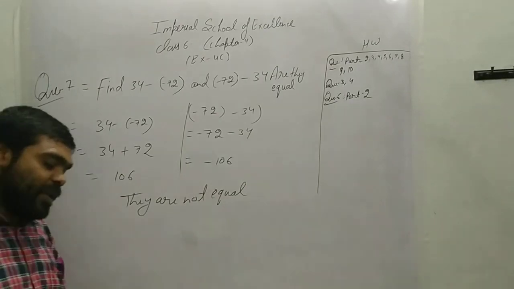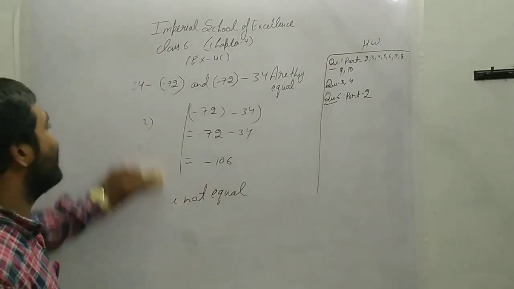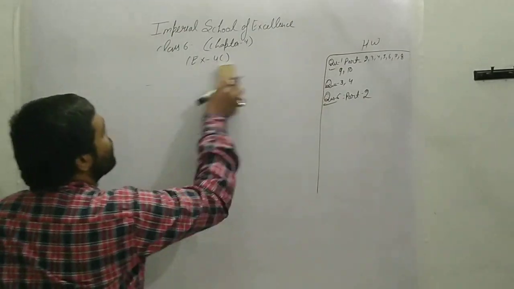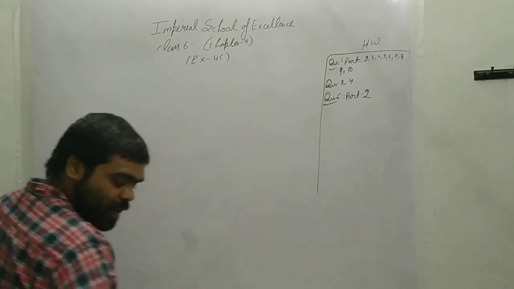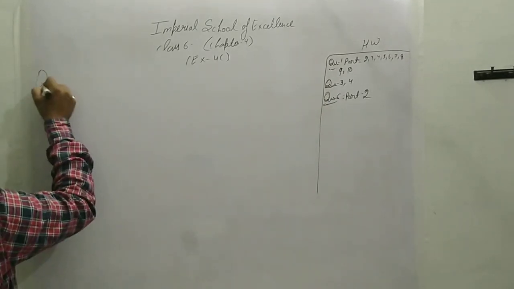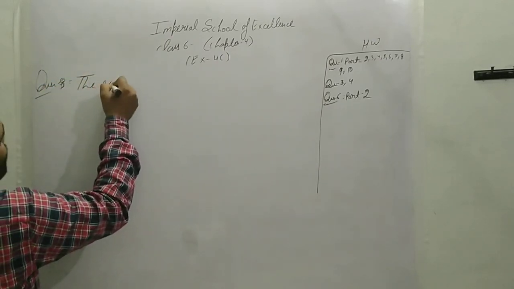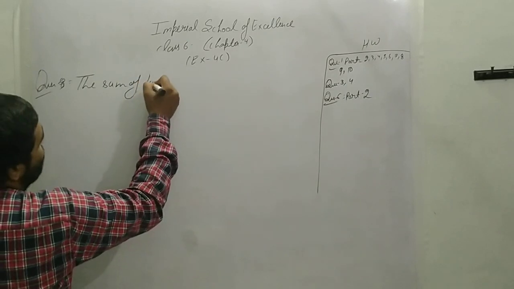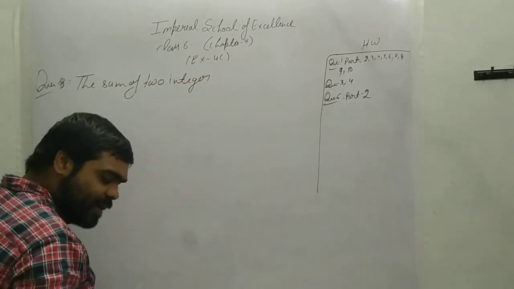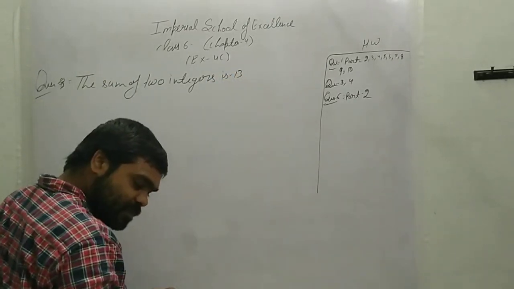Same you have to do now in question number 8. Question number 8 is given: the sum of two integers is minus 13.